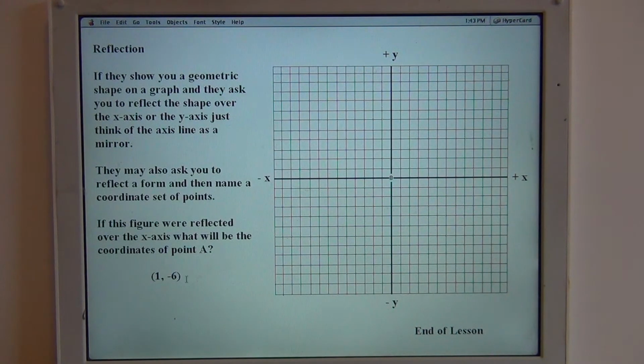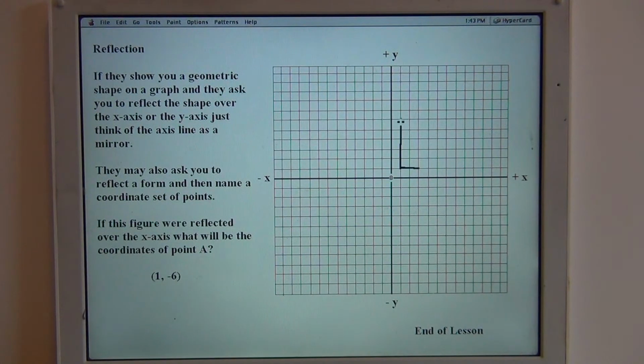You may get a problem like this. They're going to give you, let's say, we'll go up 1, 2, 3, 4, 5, and we'll go over 2.